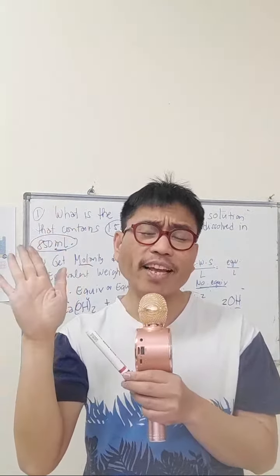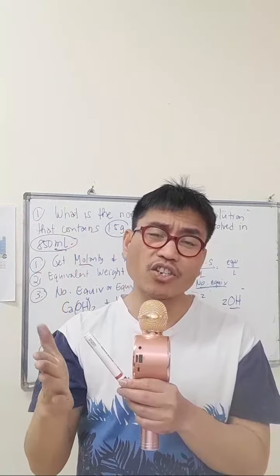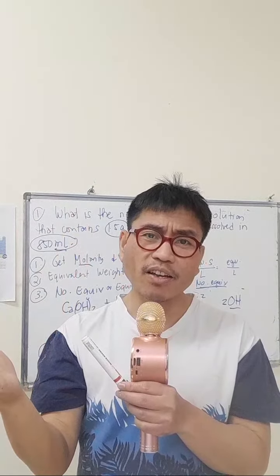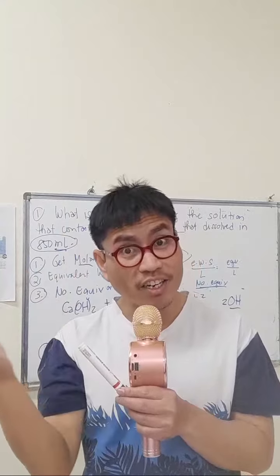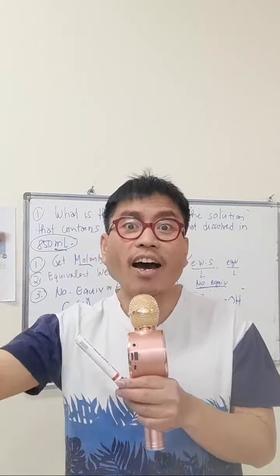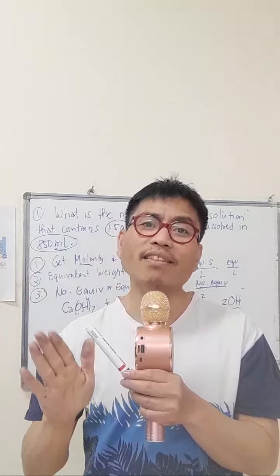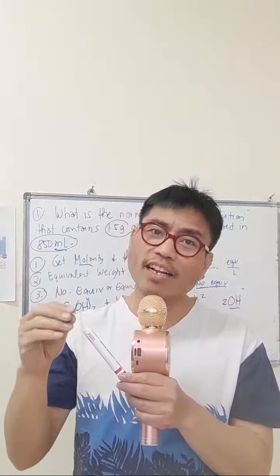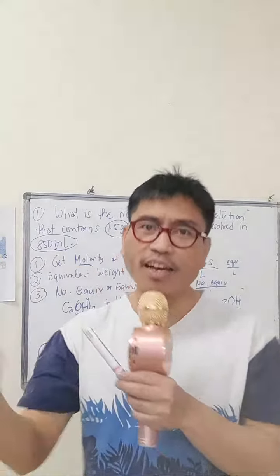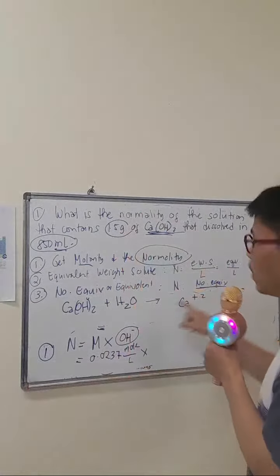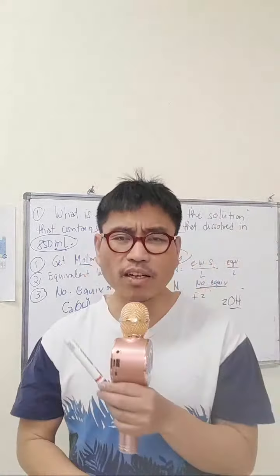Do not forget the negative and the positive, because you are charging this already. It will become a positively charged ion, that is a cation, positive 2 for calcium, and hydroxide is an anion.